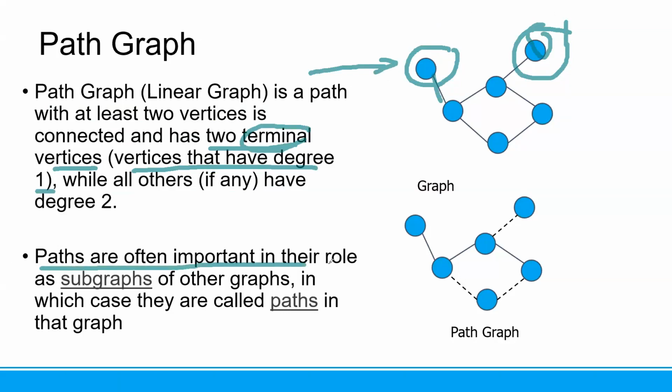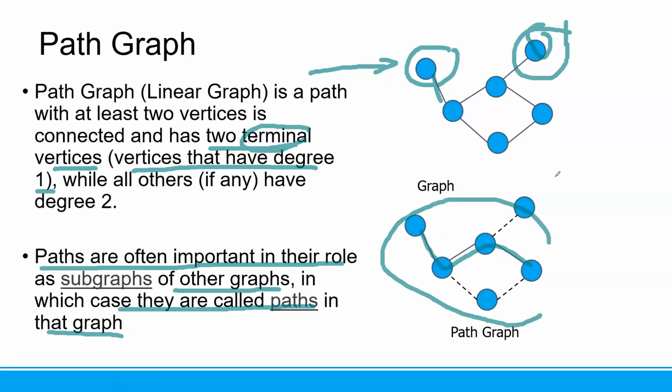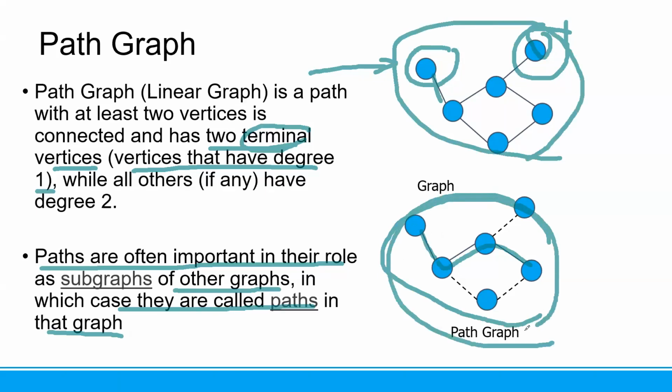Path graphs are often important in their role as subgraphs of other graphs, in which they are called paths in that graph. So I can create some kind of subgraph in the path graph. For example, I know this is a graph, and then I can make this kind of path graph, and I can also make the subgraph.